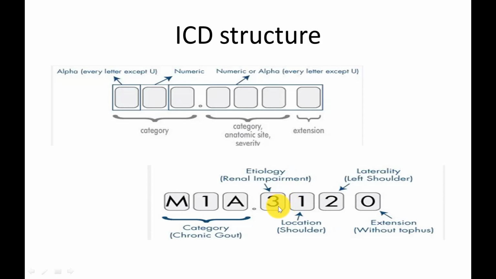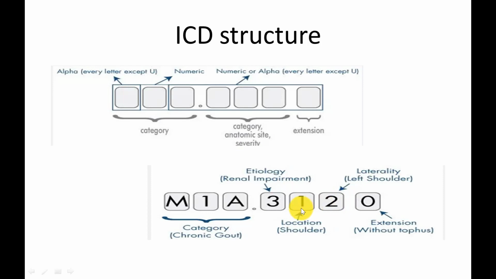The first character in this set is about the etiology. It can be numeric or alphabetic, every letter except U. So this second part shows the category, which is renal impairment. After that it shows the anatomic site, and you can see the location is shoulder. The third one shows the severity or laterality.